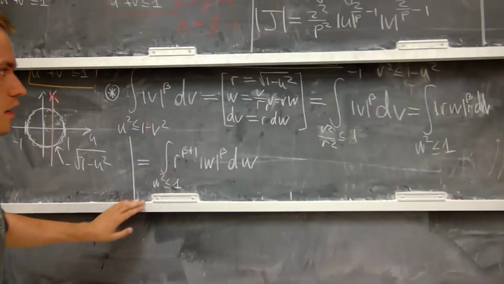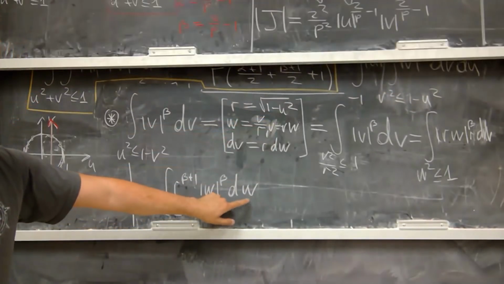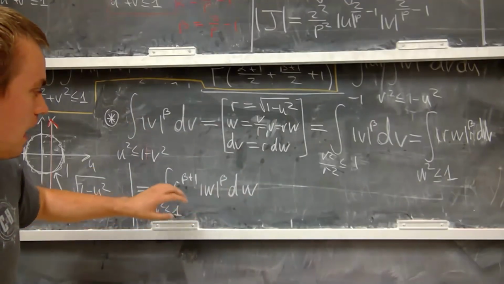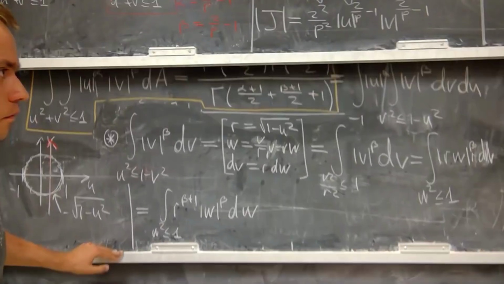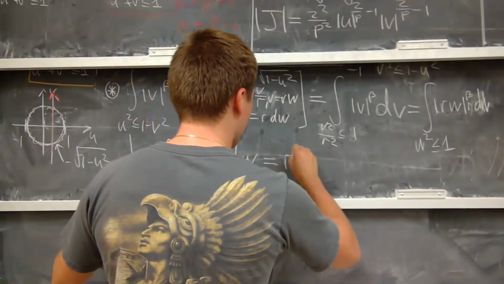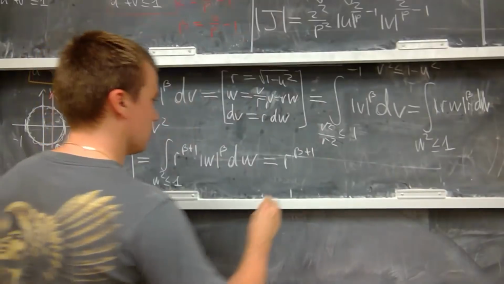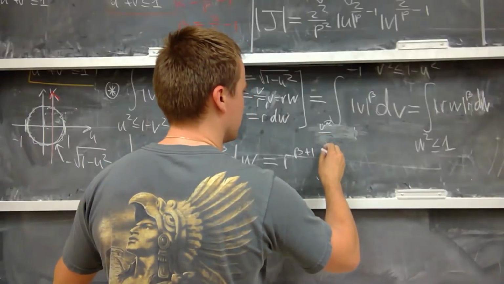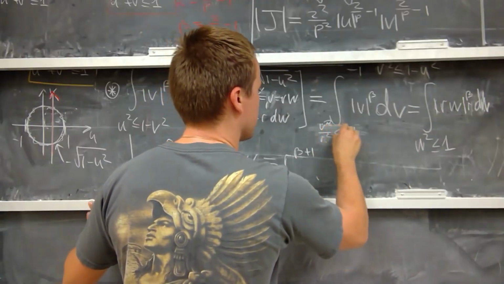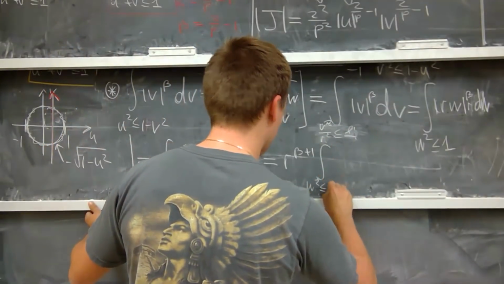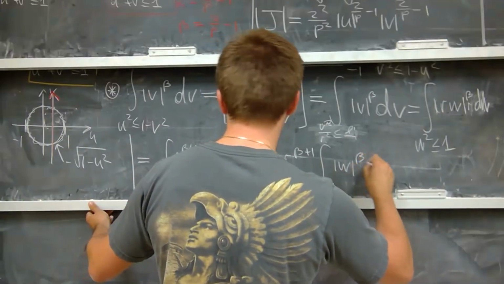Since this r depends on u, and I'm looking for the integral in terms of w, I can factor this r outside of this integral. So I need more space. Let's just rewrite this. I will have r to the beta plus 1 times the integral over w squared less or equal than 1 of w to the beta dw.